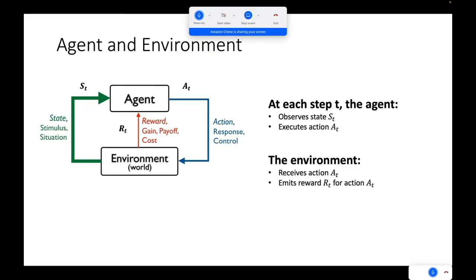The environment will receive this action from the agent and it will decide what reward can be offered to the agent. We're using r_t for denoting the reward, and this interaction carries on over time. Depending on how good or bad the reward is, the agent gets a sense of what are the meaningful actions to take for a given state.